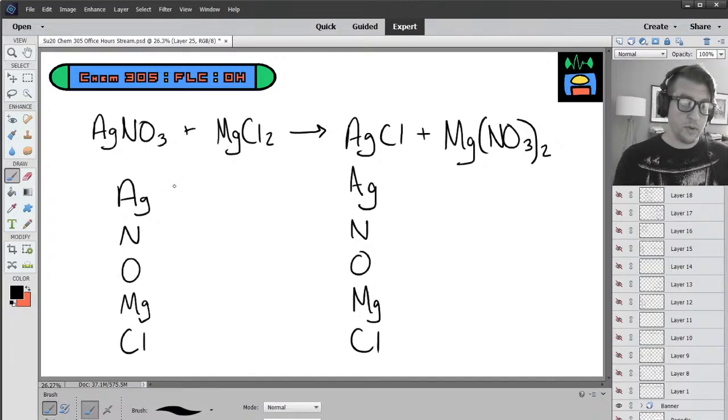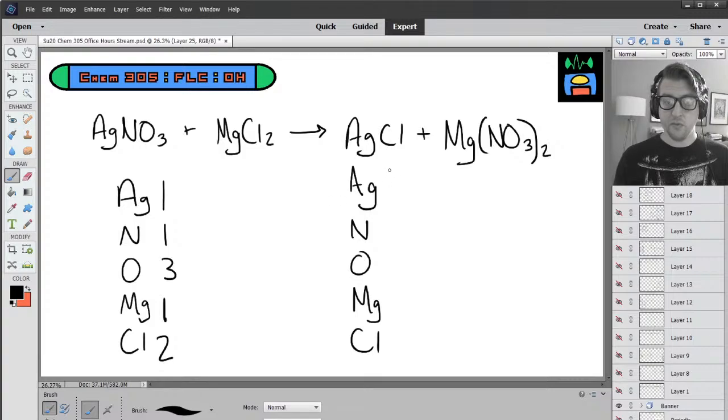We have on our reactants side, 1 silver, 1 nitrogen, 3 oxygen, 1 magnesium, 2 chlorine. On the product side, we have 1 silver. Let's see, we have 1 times 2, so 2 nitrogen, 3 times 2, or 6 oxygen, 1 magnesium, and 1 chlorine.